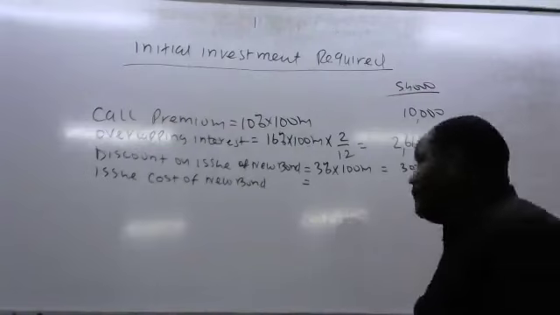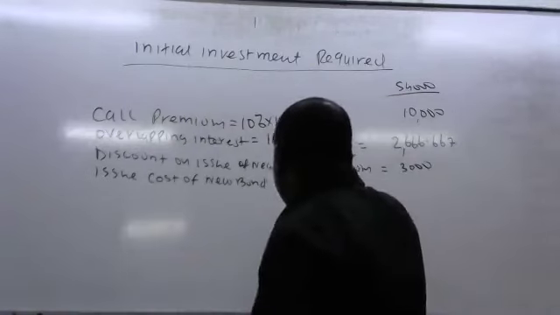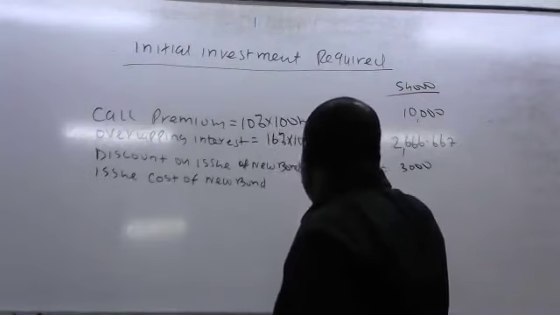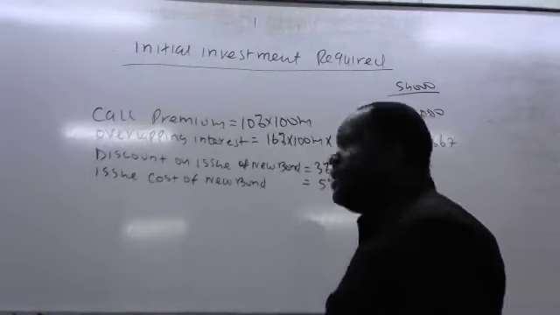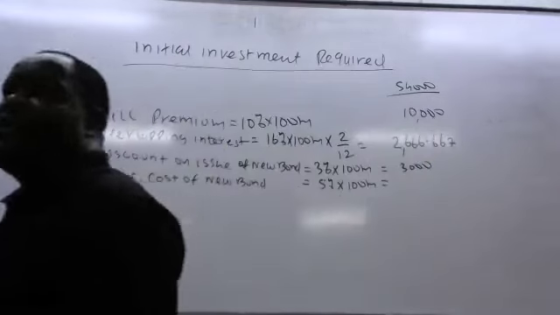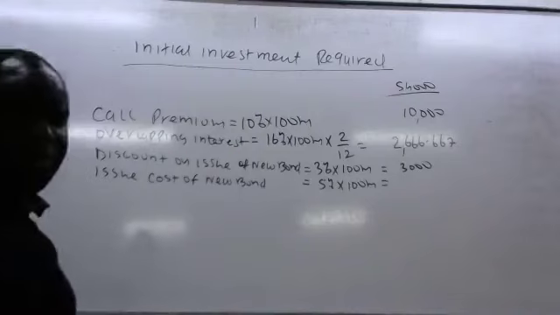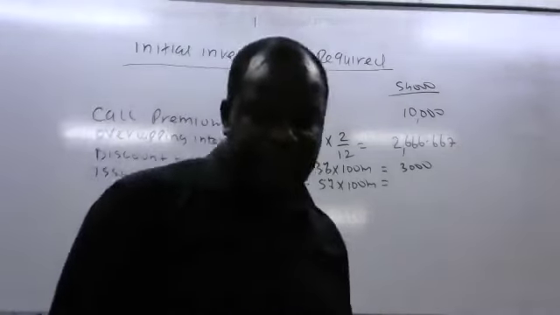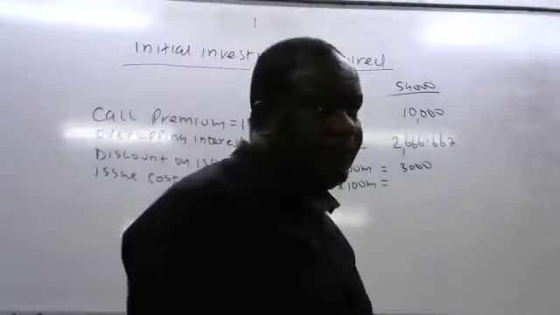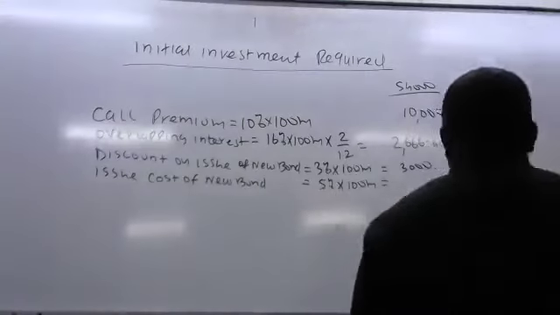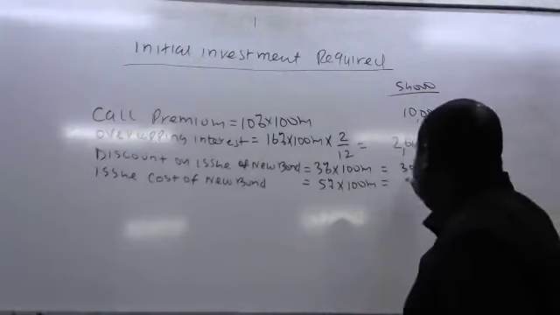It is also 5% of the par value. The par value of the new bond was also 100 million. So that should give us which figure? So it's 5 million.